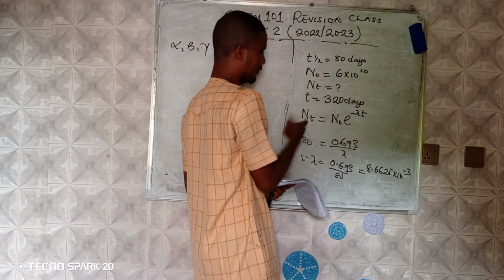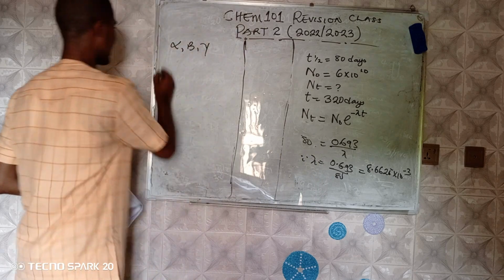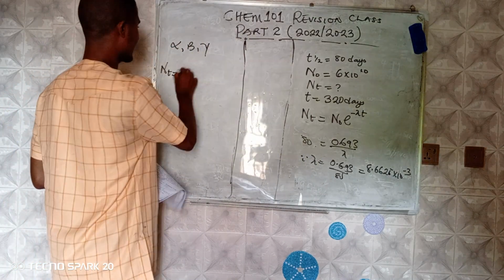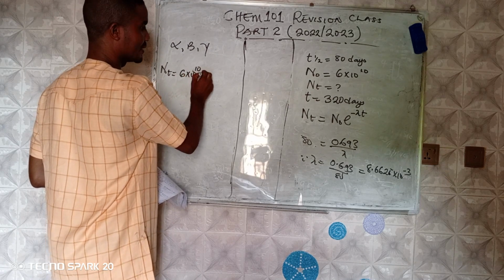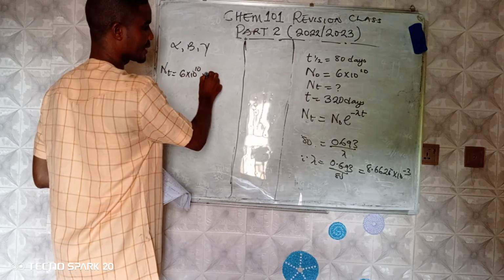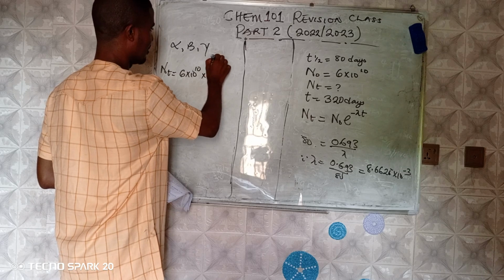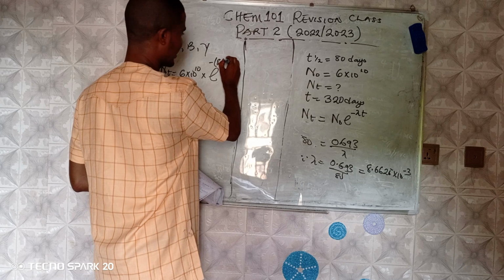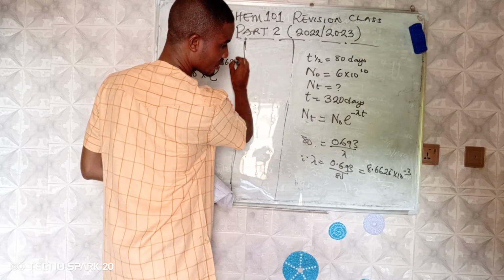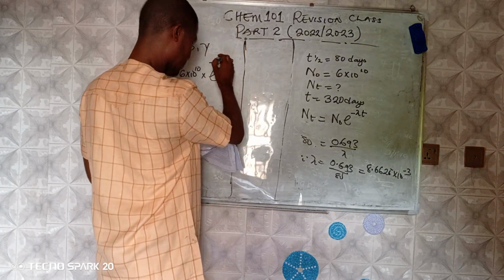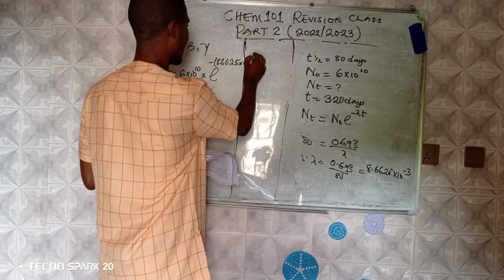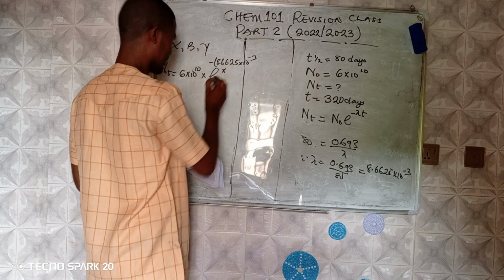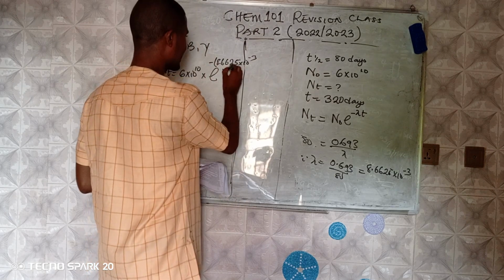NT now becomes 6 times 10 raised to power 10 times exponential minus 8.662 times 10 raised to power minus 3, times 320.